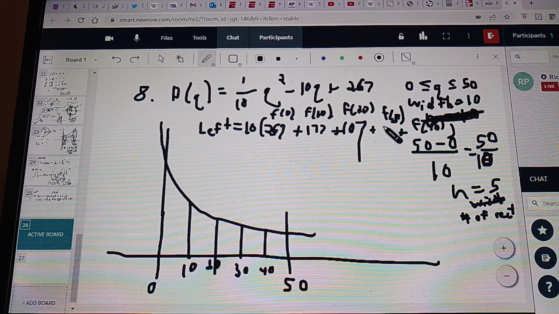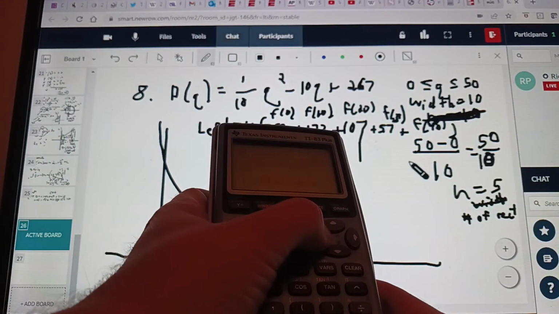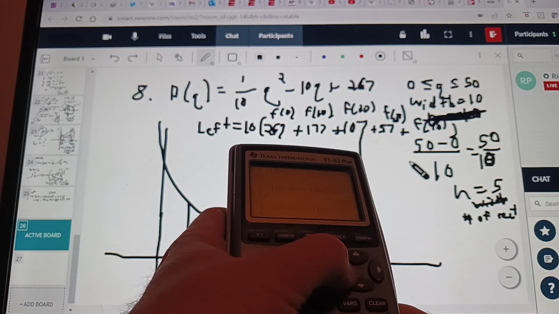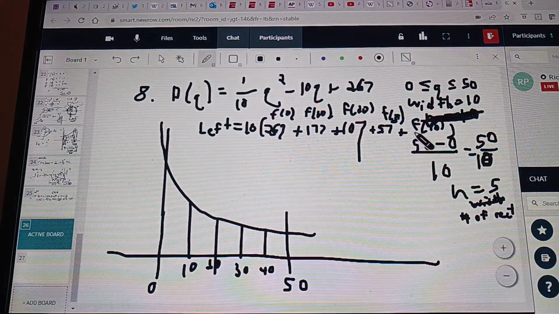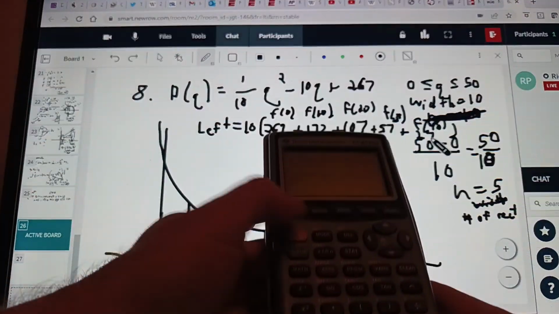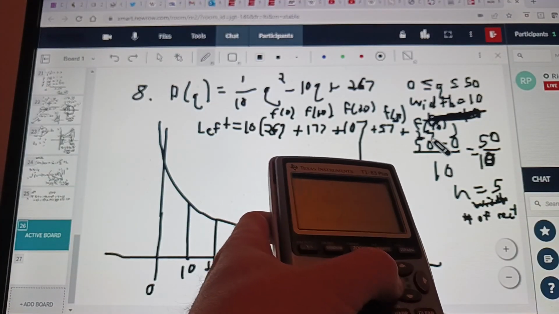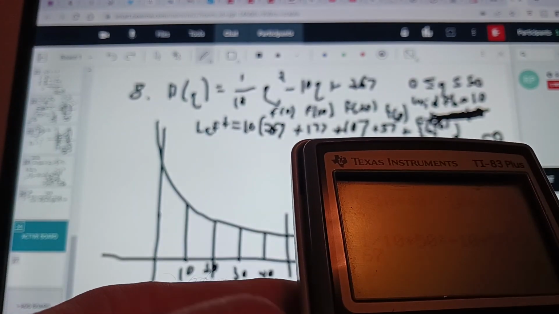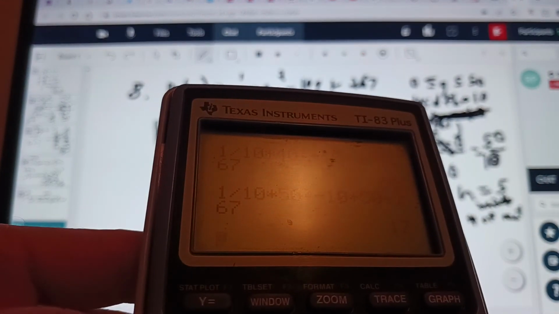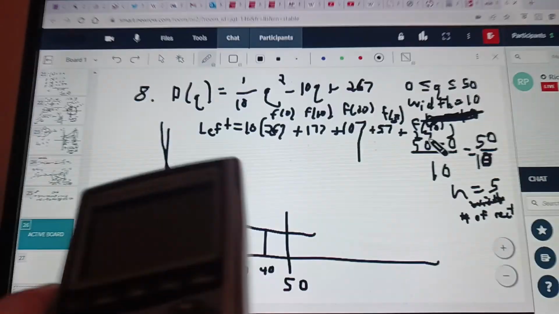It's kind of strange how they all end with 7. And f of 40 is 27. And I'm going to go ahead and do f of 50 right now just so I have it for the next part. F of 50 is 17. I don't need that one here.